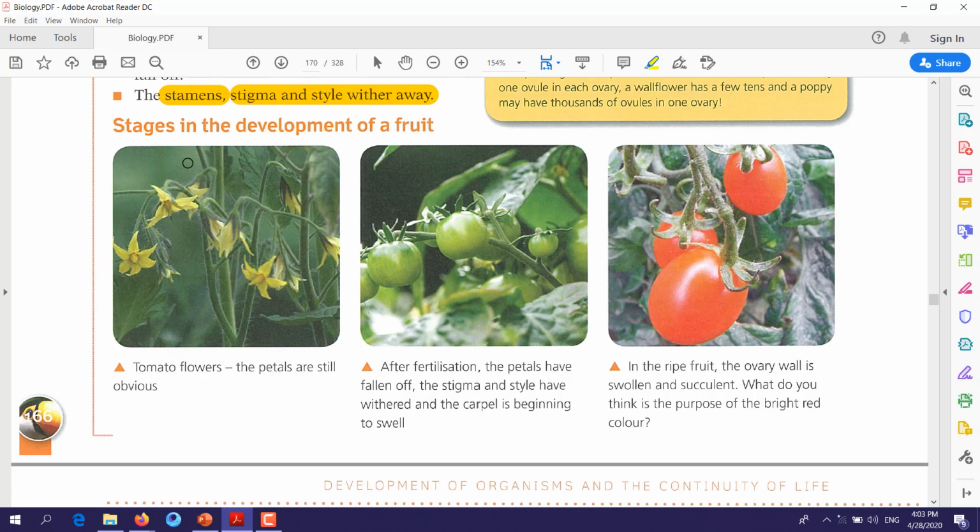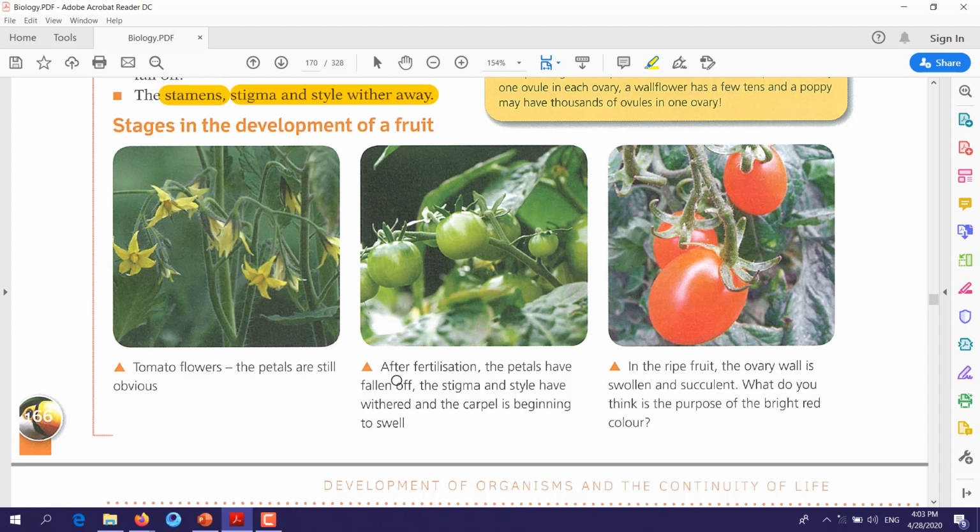These are the stages in the development of a fruit, here a tomato. Firstly, it starts as a flower, a tomato flower. The petals are still obvious, the colored part is still showing. Then after that, can you see any petals here?